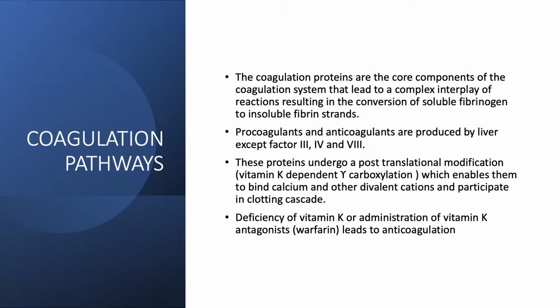These proteins undergo a post-translational modification, the vitamin K dependent gamma carboxylation, which enables them to bind calcium and other divalent cations and participate in the clotting cascade. Deficiency of vitamin K or administration of vitamin K antagonists like warfarin leads to anticoagulation.